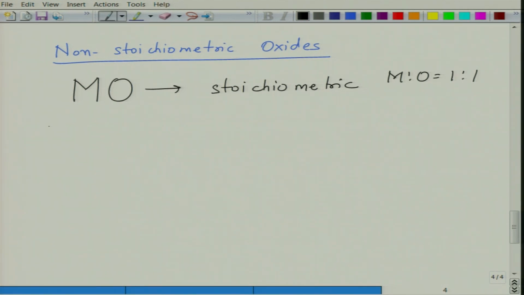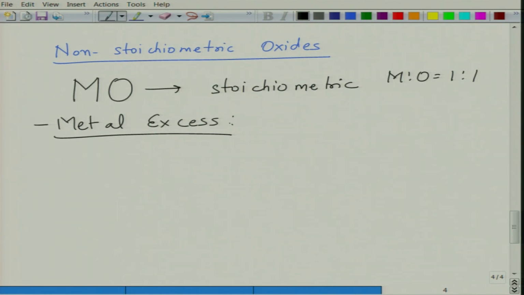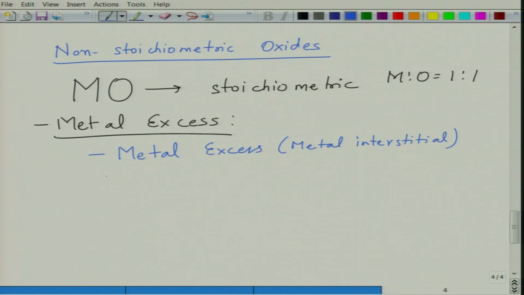So, there are two cases. One case is metal excess. When you have metal excess, it may mean that you have metal excess in the form of metal interstitials, and it may also mean that the oxide is oxygen deficient.